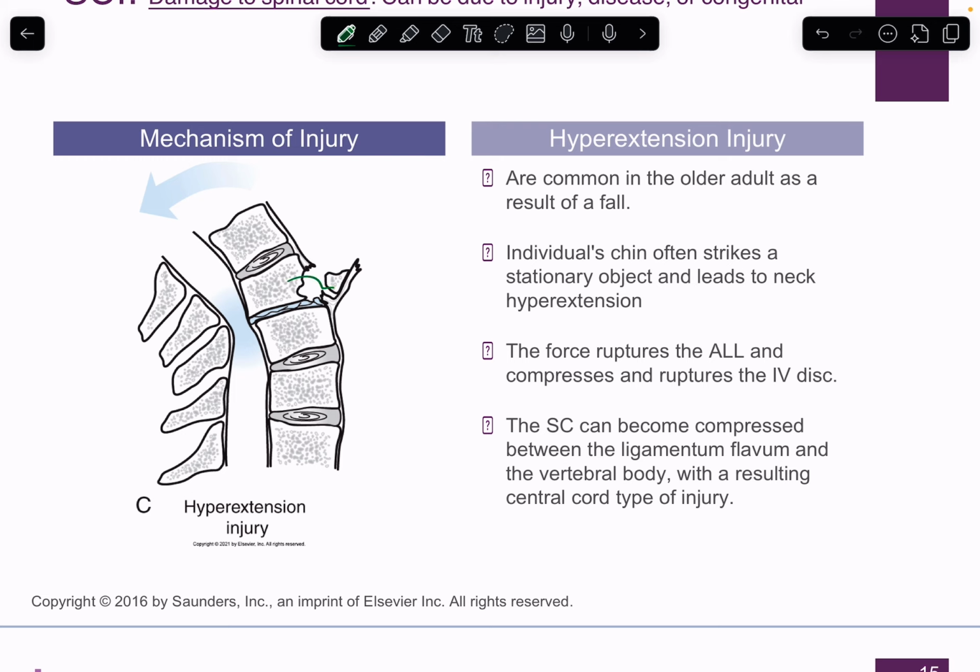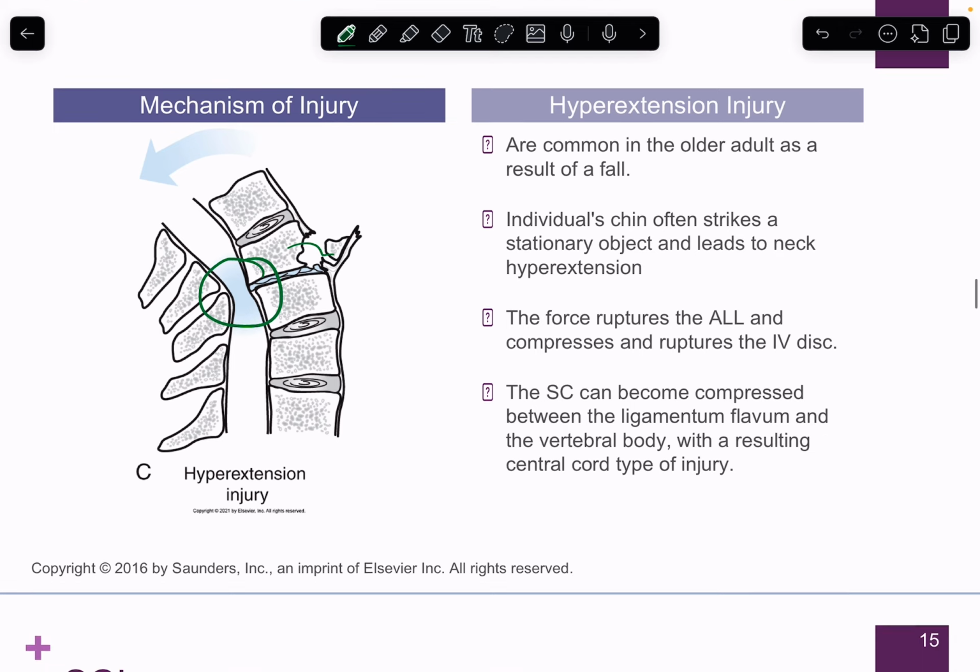The spinal cord can become compressed between the ligamentum flavum and the vertebral body with a resulting central cord type of injury. Central cord, as it actually pinches the central area of the spinal cord.